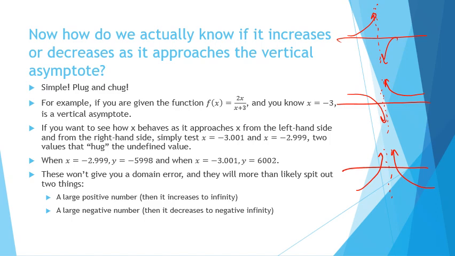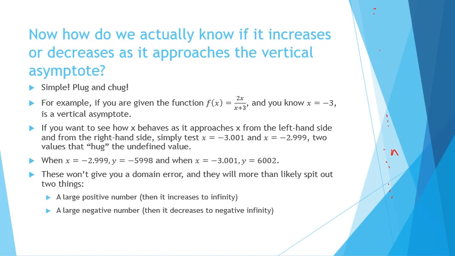And so let's say we have, let me draw out a graph, y equals 2x over x plus 3. And so this is going to have a vertical asymptote at x equals -3. There we go. And so how do we know what it should look like?